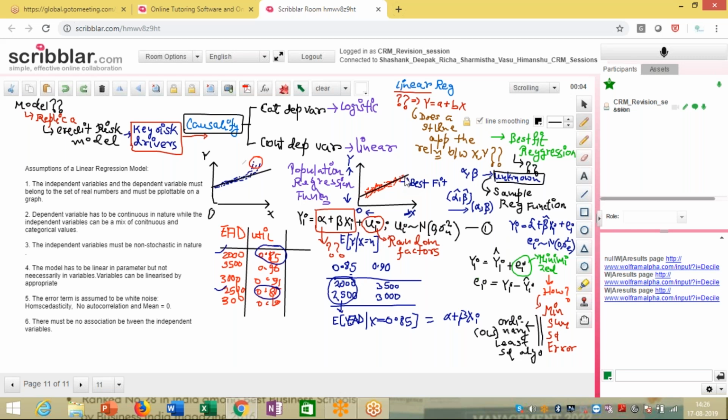But there is always a difference between the predicted values and the observed values, and that is because of the existence of the random term, the error term. Now, this error term is something which we cannot model.